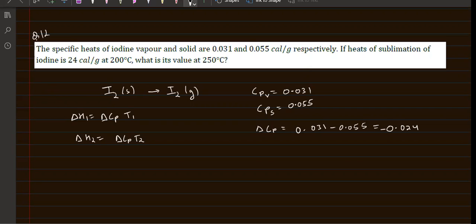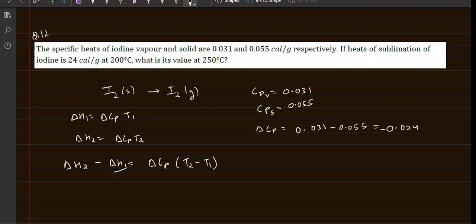So delta H2 minus delta H1 is equal to delta Cp into T2 minus T1. Okay, can you solve this now? Can you find delta H2 because delta H1 is given, delta Cp we calculated, T2, T1, everything is given.